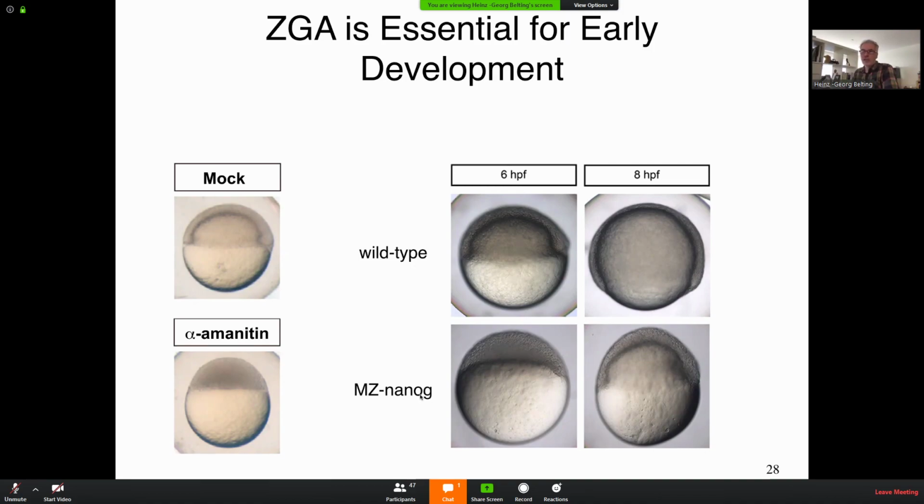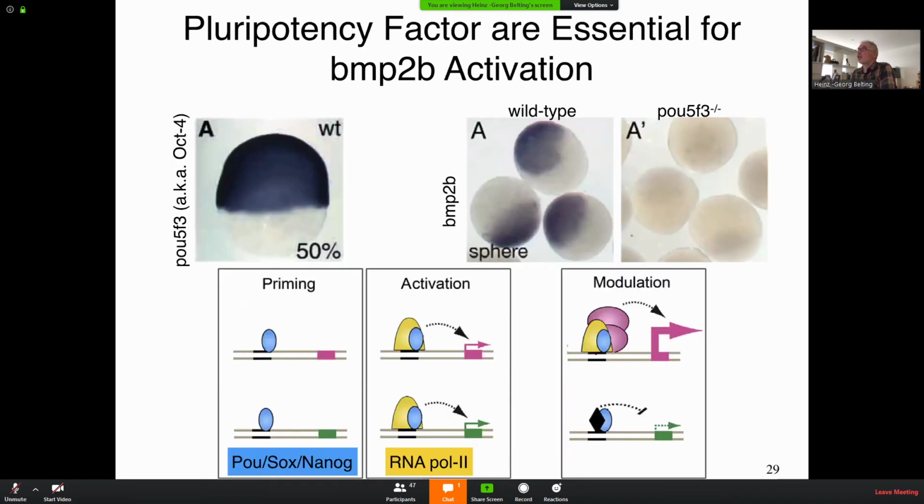You prevent activation of the zygotic genome, and this is how the circle is closing again: in an Oct4 mutant, you do not get expression of BMP2B anymore. That shows that the stem cell factors in the end are the factors that turn on the developmental program in this context.